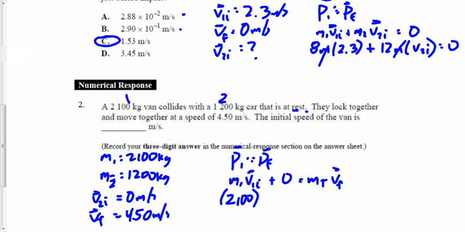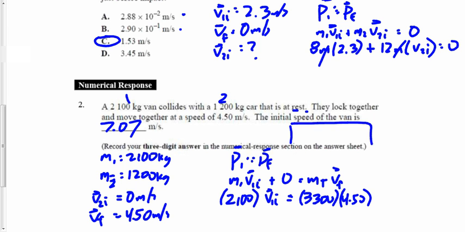And we're looking for V1I. Total mass is 3,300. All right, 3,300 times 4.5 divided by 2,100 gives us a value of 7.07 meters per second. We'd express that just like this in our numeric response answer sheet.